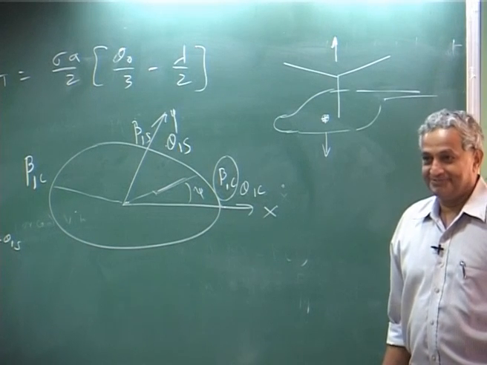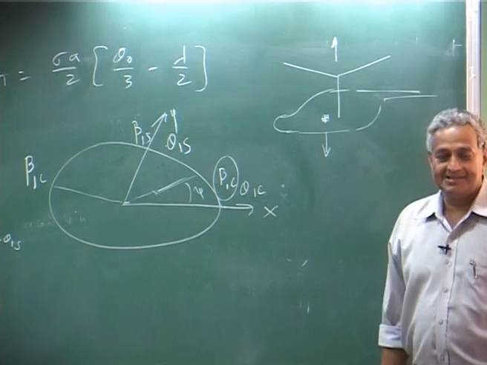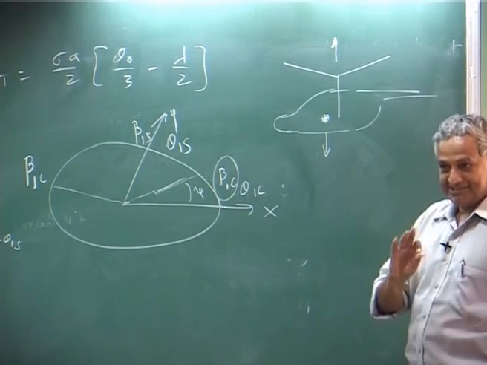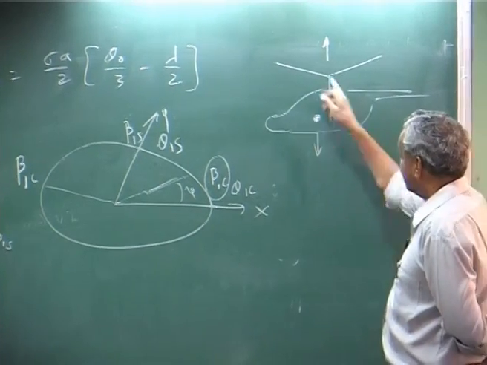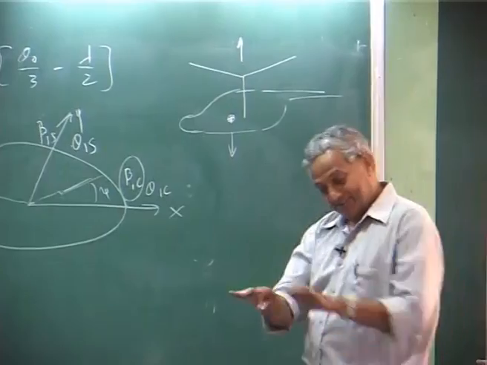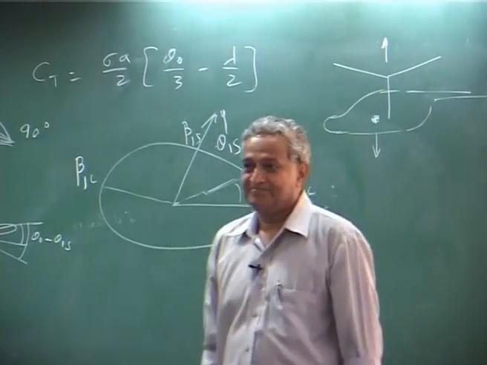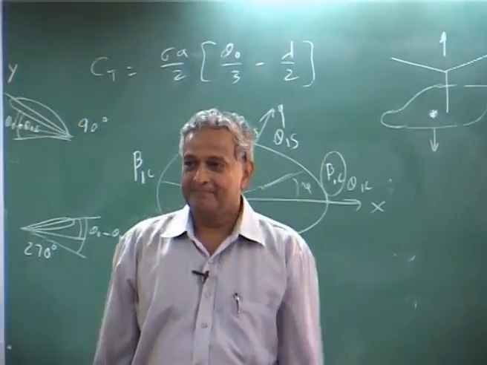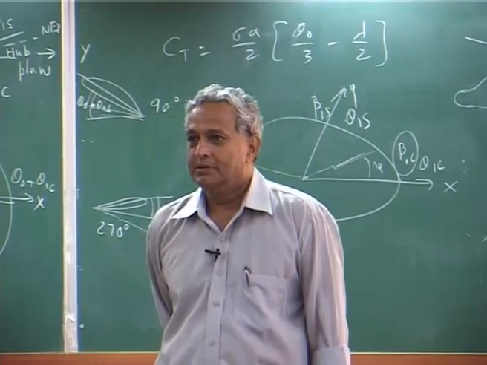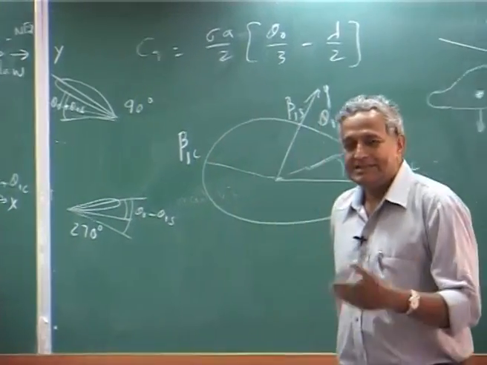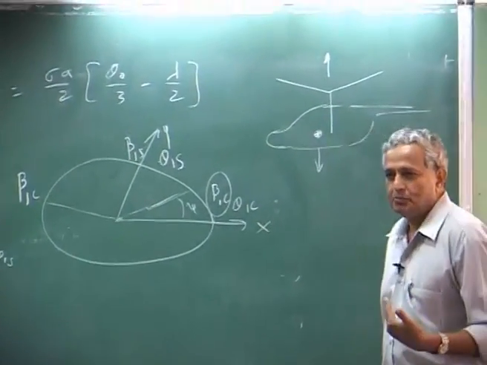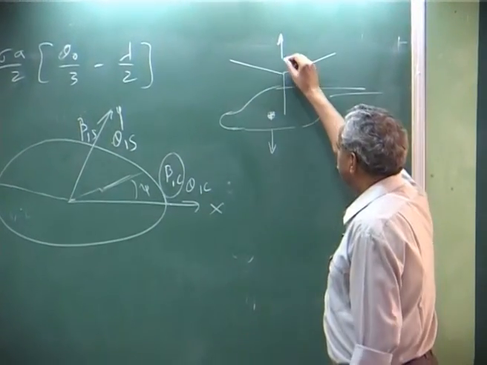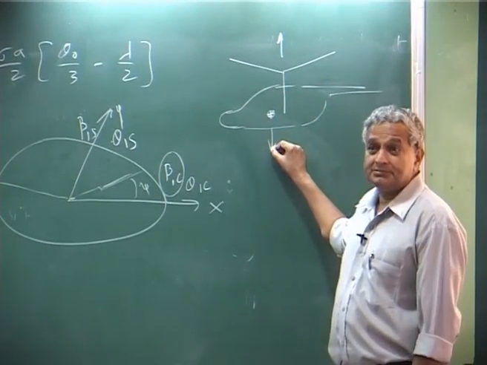So, you have to give cyclic, such that ultimately the resultant will come below, so that the helicopter attitude also will change slightly. Shifting in the sense, because this should be right below this, that is all.